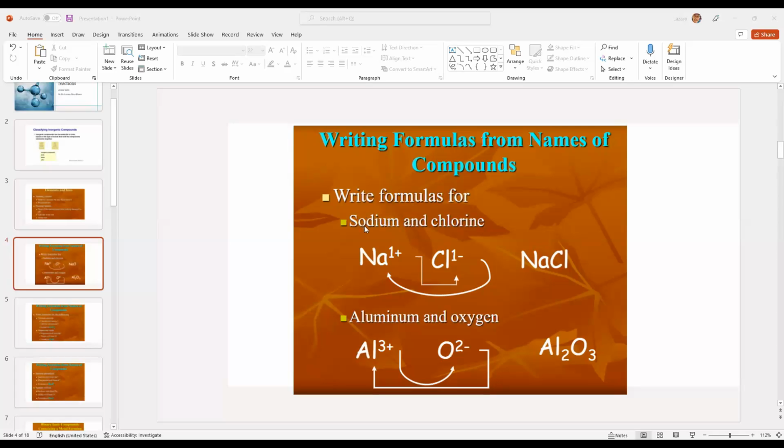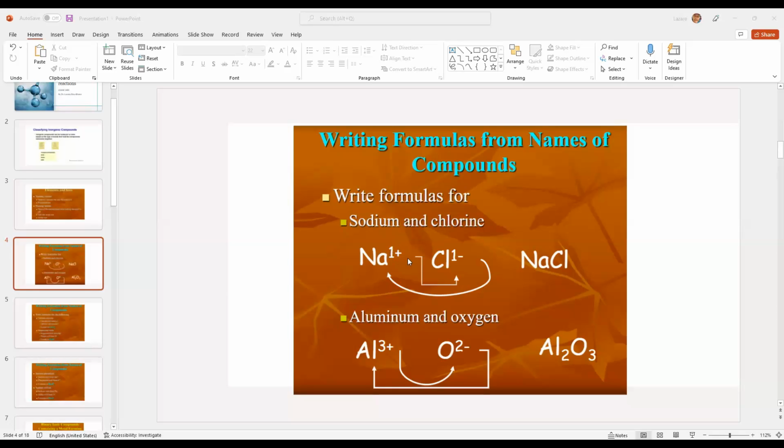So we know that we have the element sodium in the first part and chlorine in the second one. Sodium is in group 1A, so it usually has a positive 1 charge because it tends to lose 1 electron.